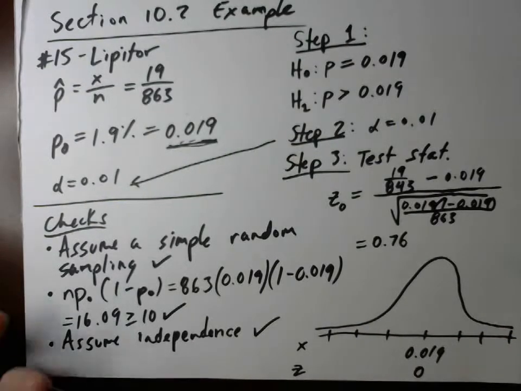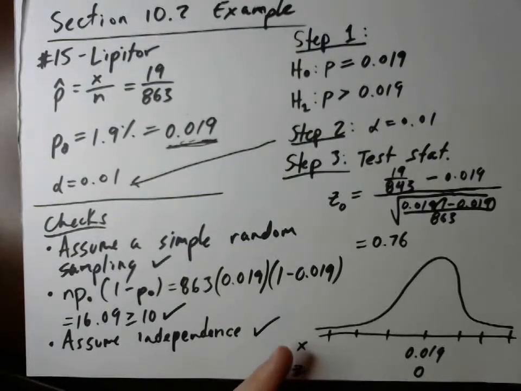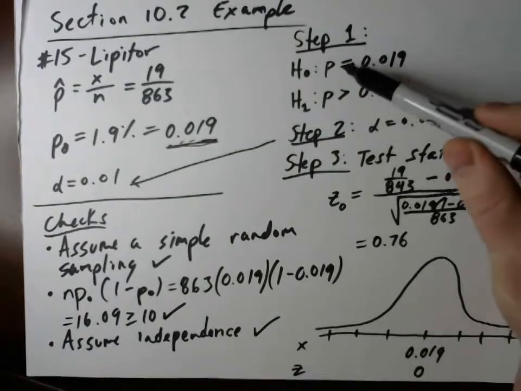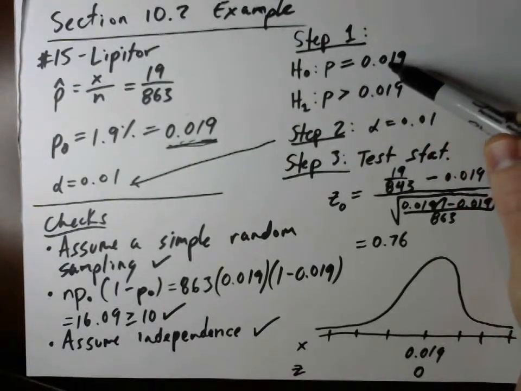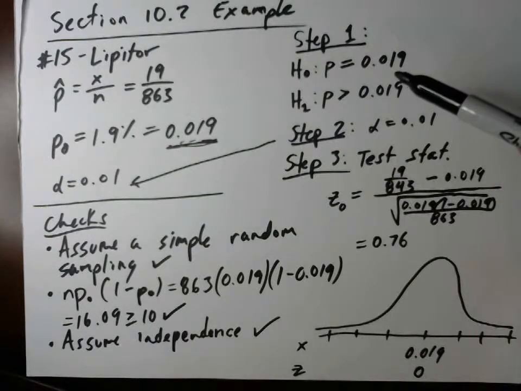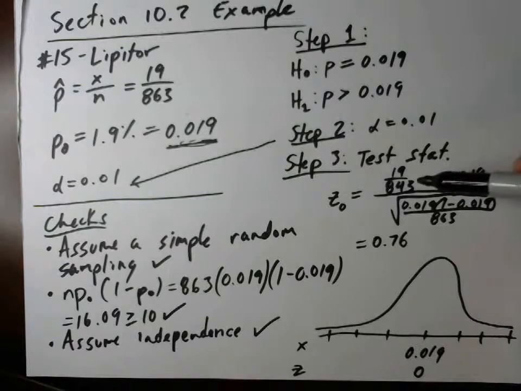If you're really far out on the tails, we're going to be rejecting the idea that our parameter is equal to our claimed value. So that's why we reject, or fail to reject, H0. It's based off of how well the sample matches up with our claimed value.